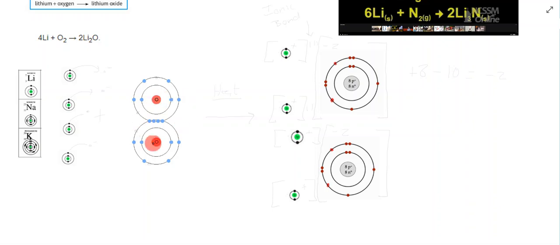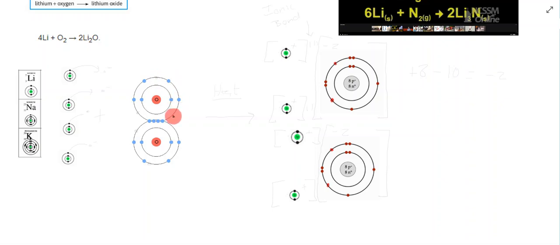Why is oxygen sharing those electrons with each other? If you look at oxygen on the periodic table, it'll have 8 electrons within its electronic configuration. It'll have 2 on the inside and it'll have 6 on the outside. Now, in order for the outside shell to be full, it needs to have 8 electrons.